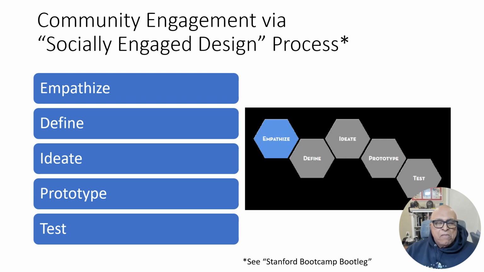Once we have what we think is a solution to the problem, we need to prototype the solution and test the solution. So those are the basic steps in the socially engaged design process. It's also sometimes called the human-centered design process or simply design thinking. But the steps are empathize, define, ideate, prototype, and test.